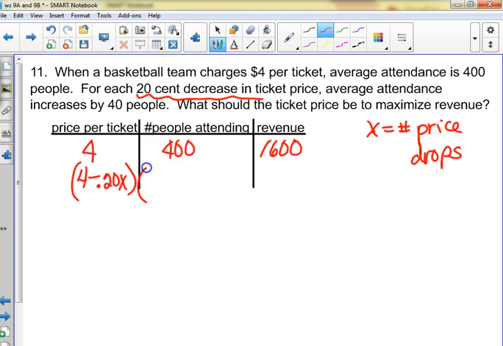What happens here? Increases by 40, so the next one would be 440. So what did we start with and what did we add? Plus 40x. Yep.